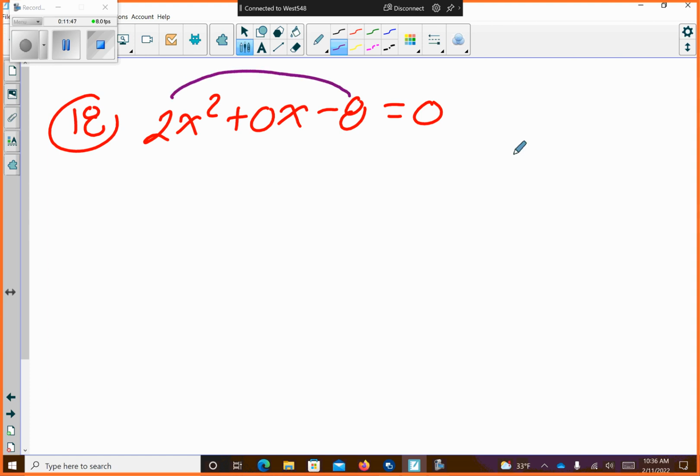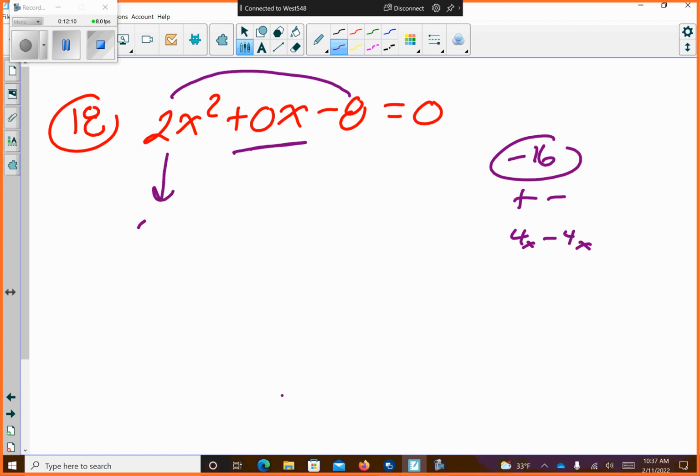If I multiply those together, do I get negative 16? That gives me negative, negative. And so I want the factors of 16 that would add up to 0. So 4 and negative 4. 4 times negative 4 is negative 16. 4 plus negative 4 is 0.